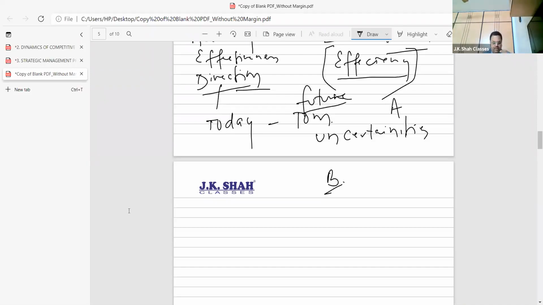Colgate company used to sell toothpaste. Then suddenly it realized that in India, Baba is becoming very, very prominent. So that was an uncertainty for the Colgate company. Right now, one Colgate share is worth more than 1,500 rupees. Very good company.